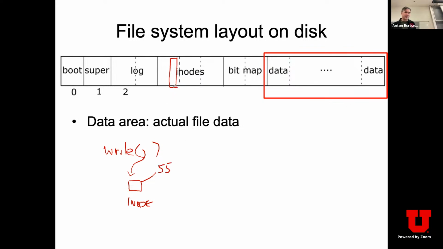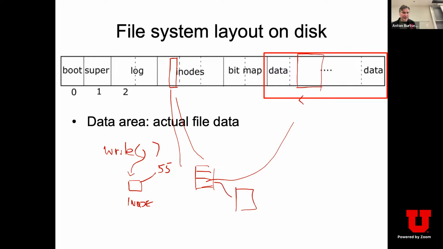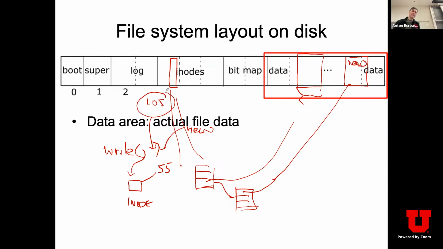The operating system will read this entry, will read additional page table entries from the data block, and then eventually when you write into location, let's say 105 on disk, this will translate to a specific data block. And if you write something like hello, hello will be written here.